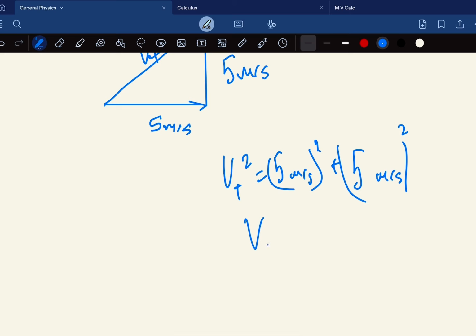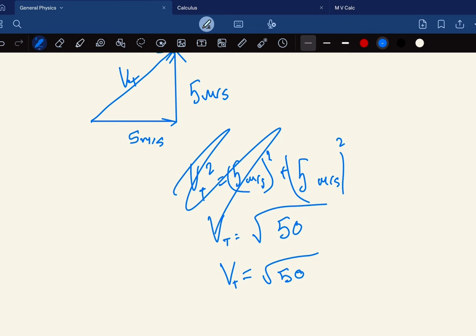And we get that our velocity is equal to the square root of 2 times 25, which is the square root of 50. So we know that our velocity is equal to the square root of 50.